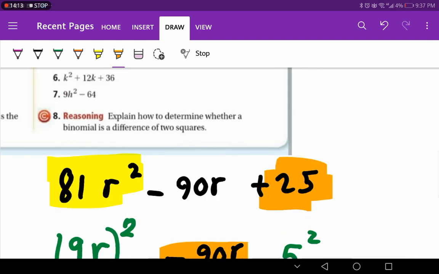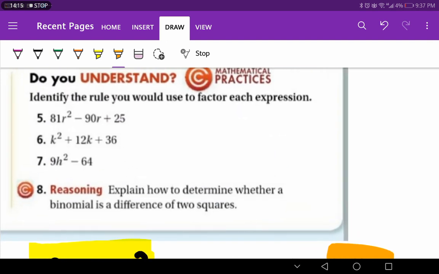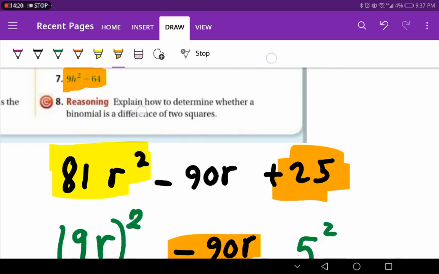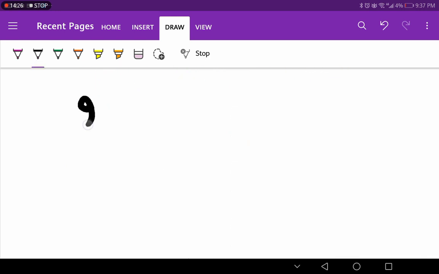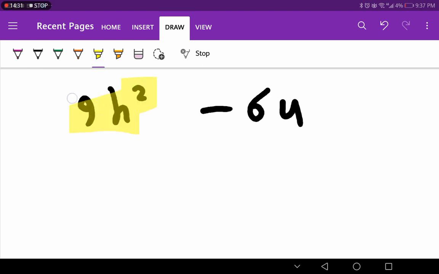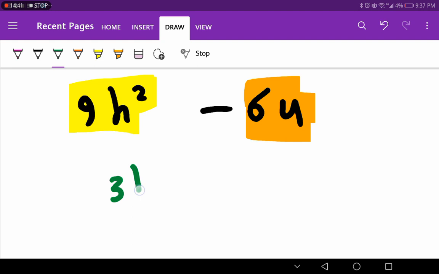Okay, the last one here, let us take this one and we finish. 9h square minus 64. Perfect square, perfect square. So you are very happy. And it is a difference between two squares, yes? Let us do one step before. Nothing will be different.